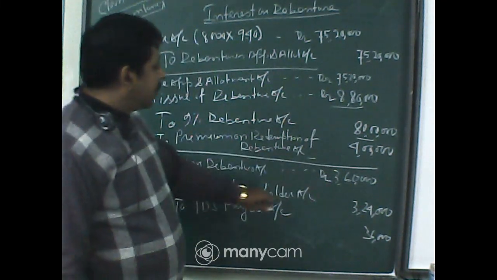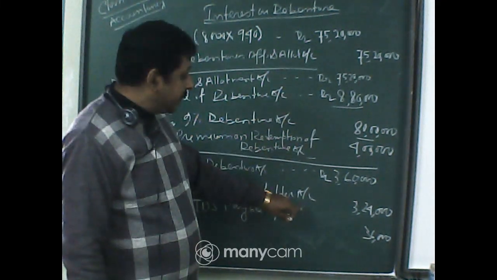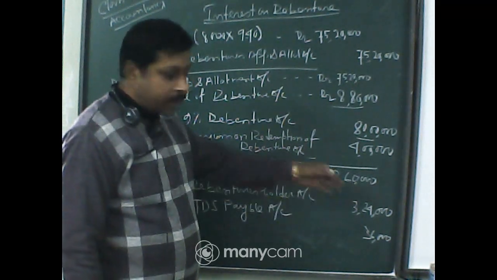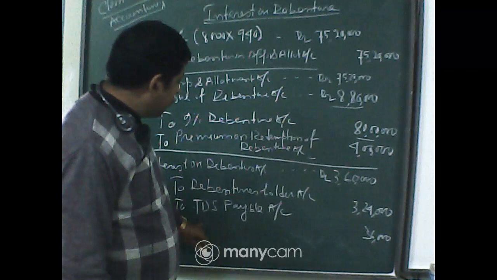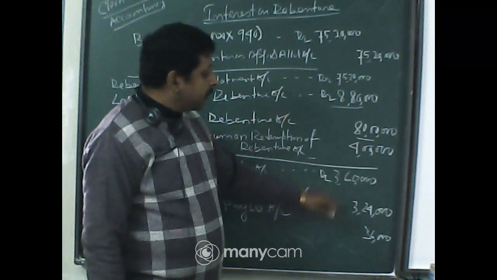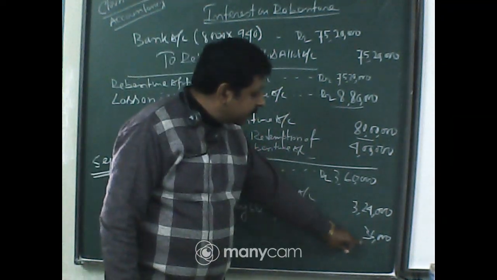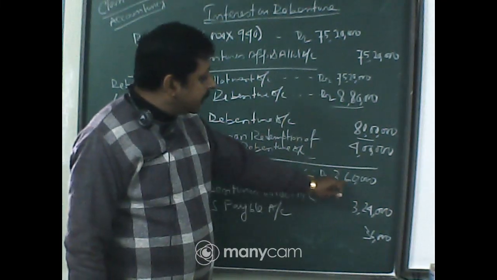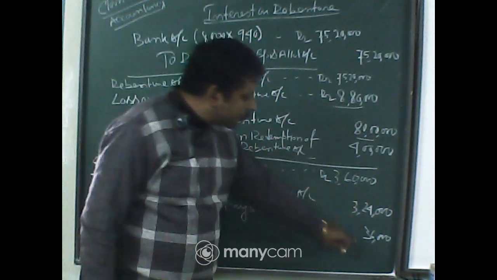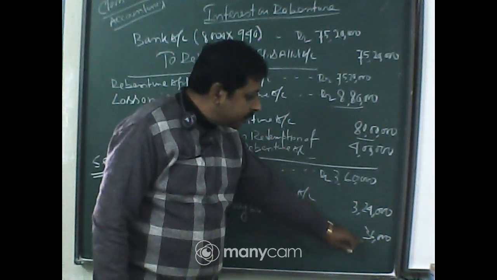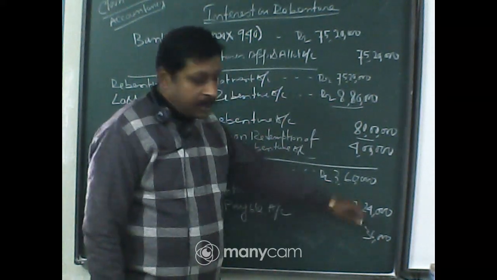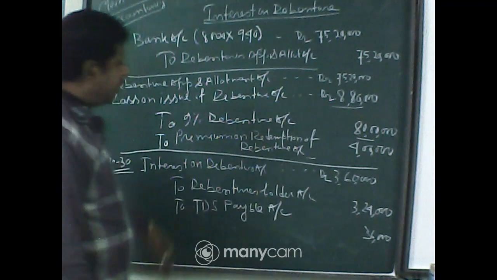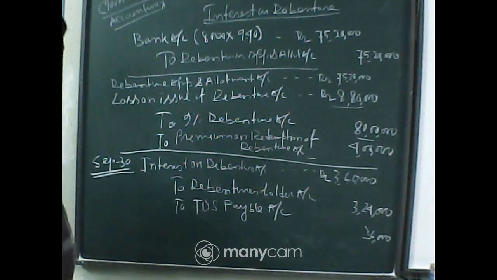Debenture holder we are creating as a credit liability, we have to pay them, and we have to pay the government the tax amount, that is 10% of the total interest amount, that is 36,000. If you deduct that from the total interest, then whatever amount is left will be payable, and that we will actually pay to the debenture holder.